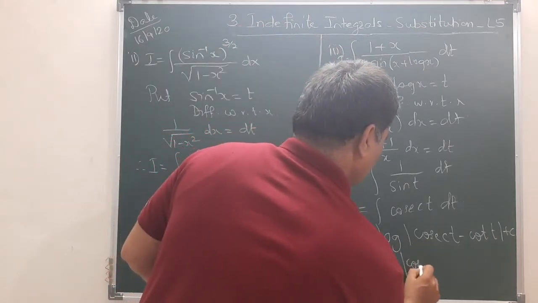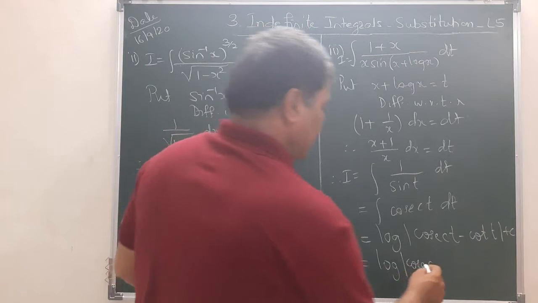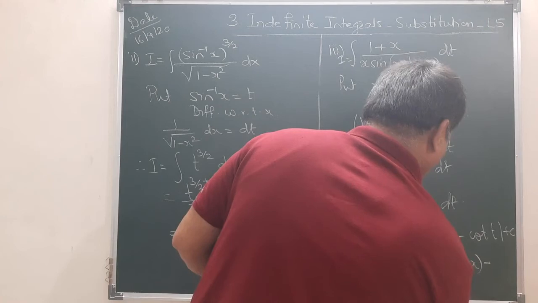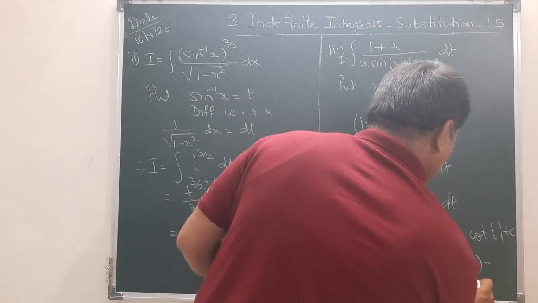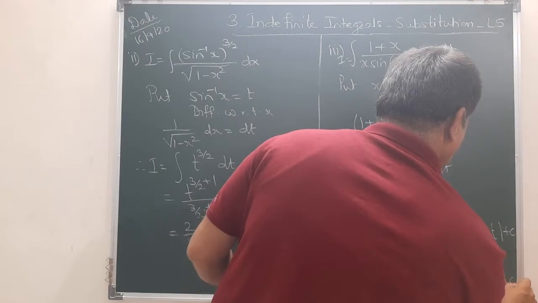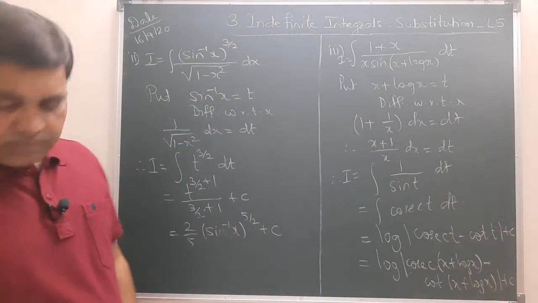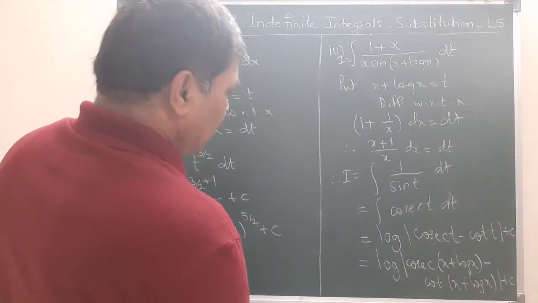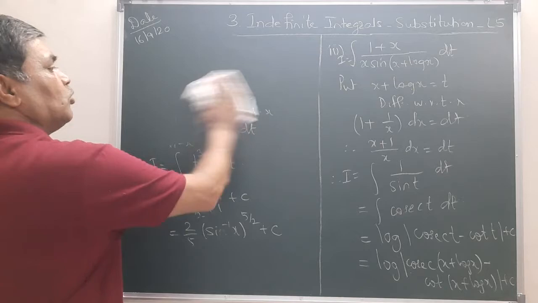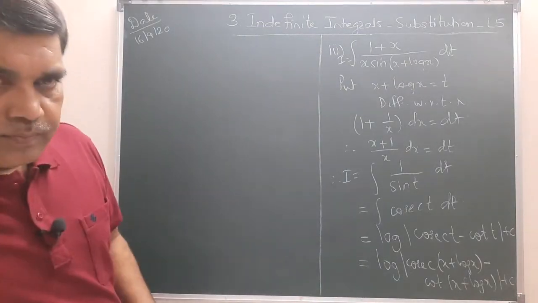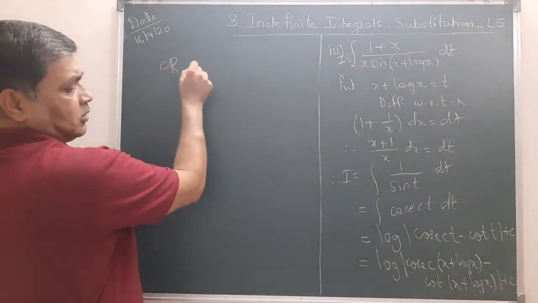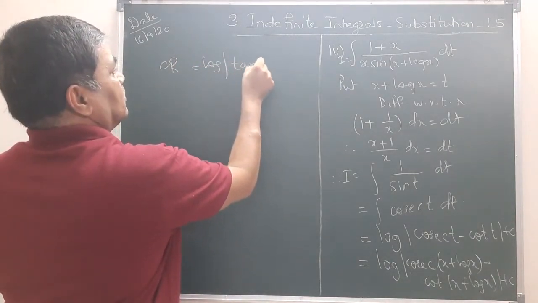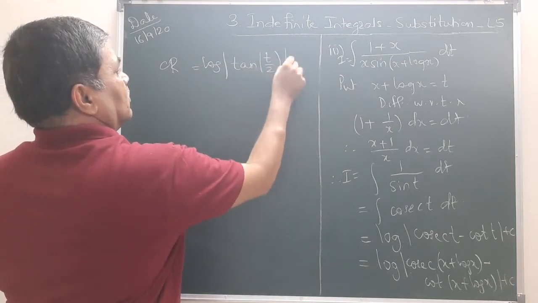So this is log of mod of cosec of (x plus log x) minus cot of (x plus log x) plus c, or it may be log of mod of tan of t by 2 plus c.